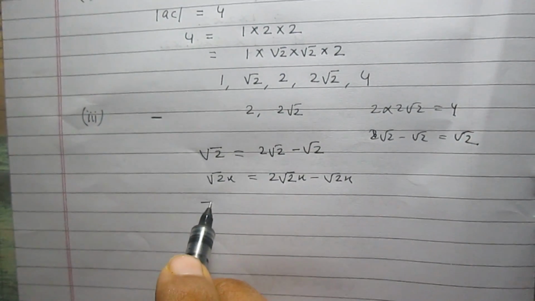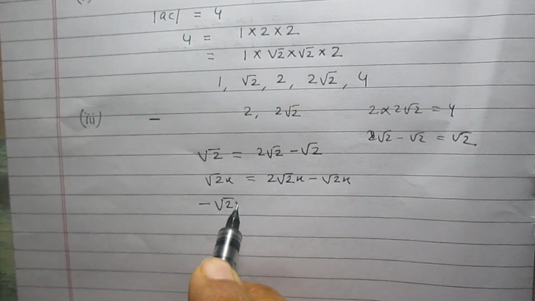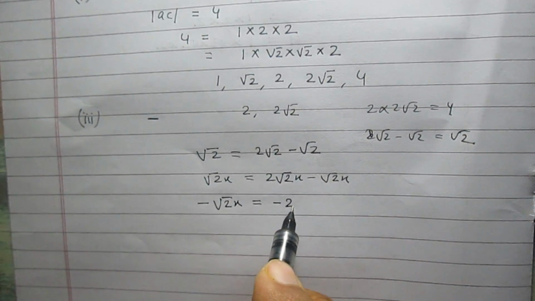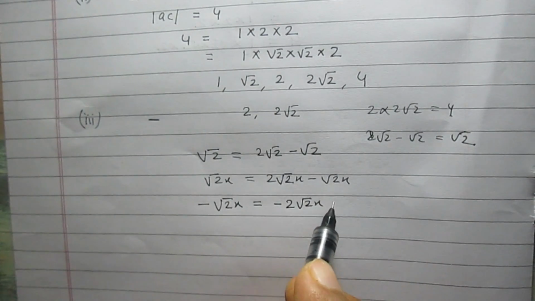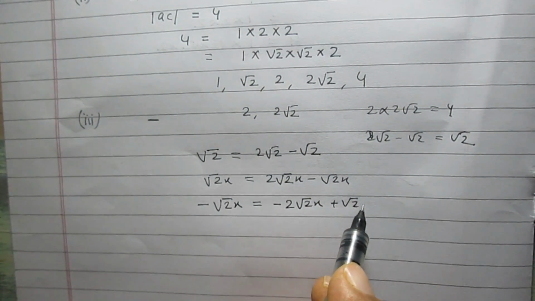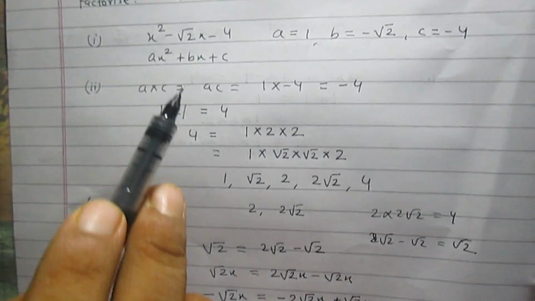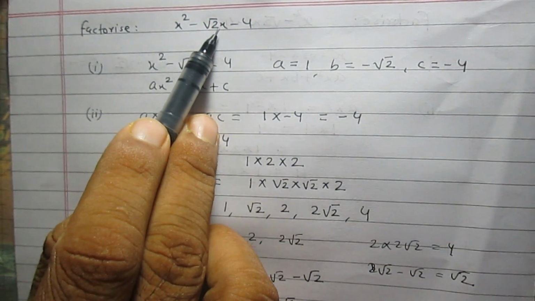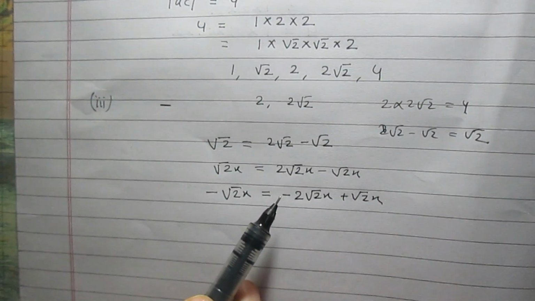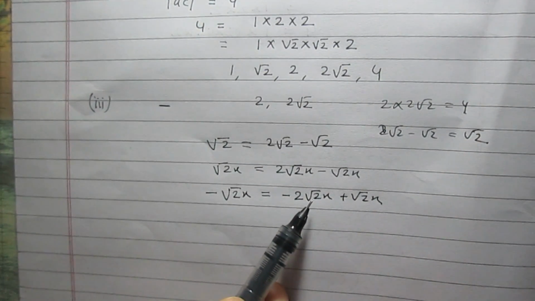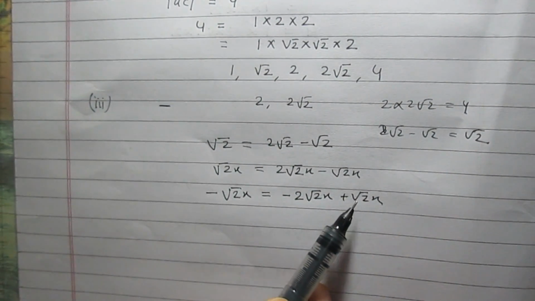Even you can write minus of square root 2x is equal to minus of twice of square root 2x plus square root 2x. So in this way we have splitted the middle term minus square root 2x as minus twice of square root 2x plus square root 2x.